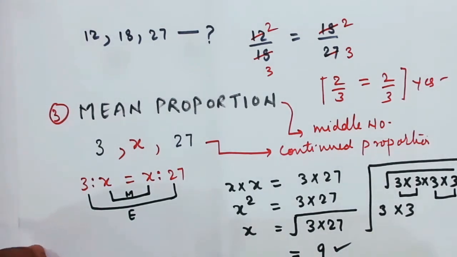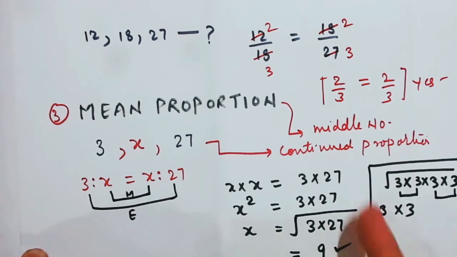Now even if you have understood this, I would not tell you to go according to this process. Since you have learnt it, my intention was only to make you understand.